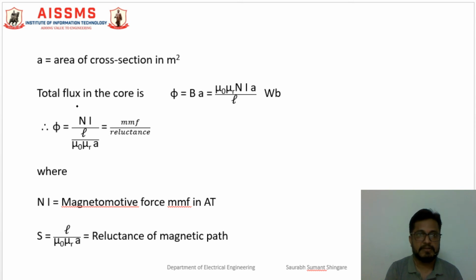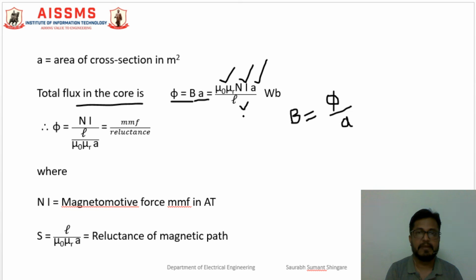So total flux in the core phi is the product of magnetic flux density and cross-sectional area, because we know B is equal to the ratio of phi to the cross-sectional area A, and therefore phi is equal to mu 0 mu r into Ni into A divided by length L, Weber.